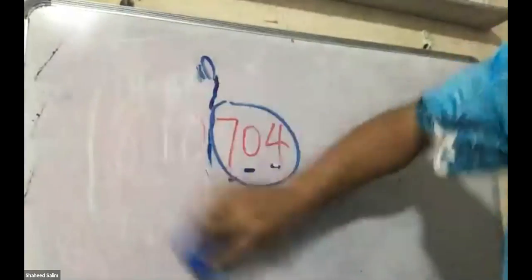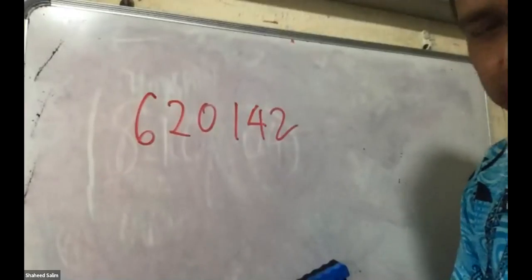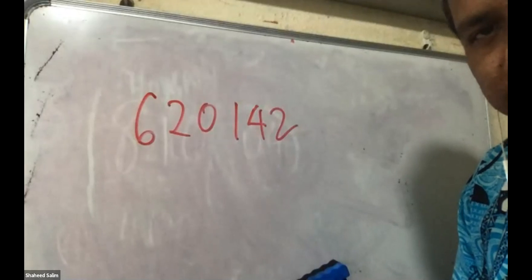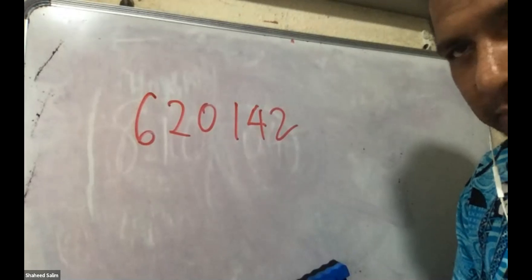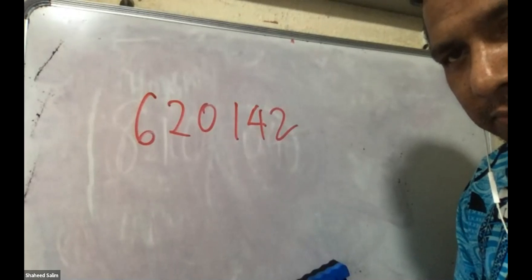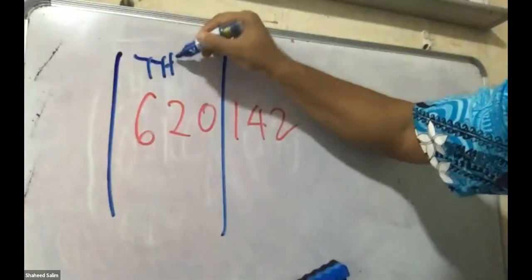810,704. So let us try. We're gonna ask Umaira now. Umaira, what number is this? 620. 620,000.